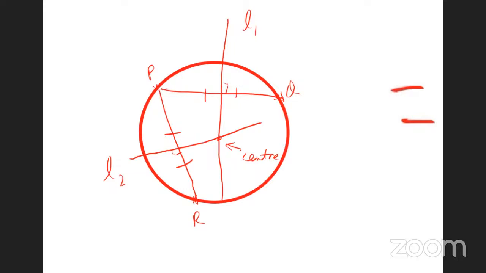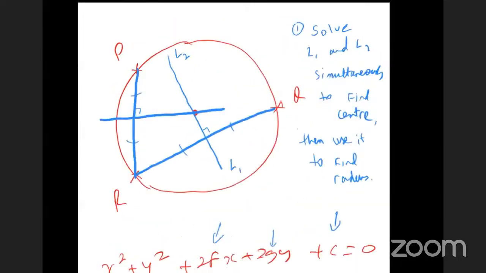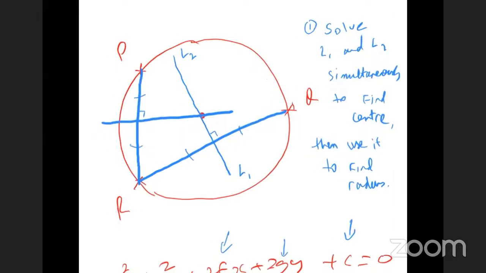You find the midpoint of the 2. Okay. So that's method 2, right? Method 2 is to find PQ, PR, perpendicular bisectors, and then solve them simultaneously. I think I have that written down here for you. Not the best in the world, but.